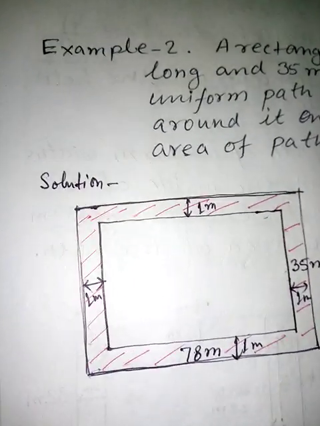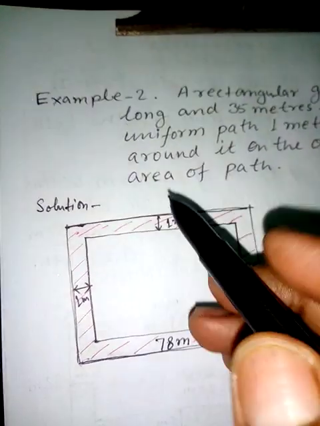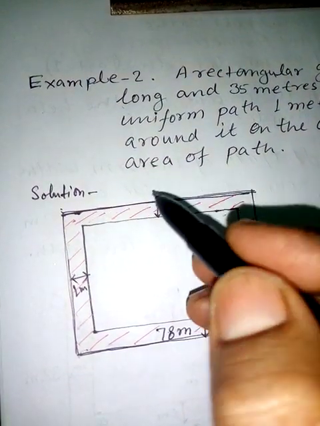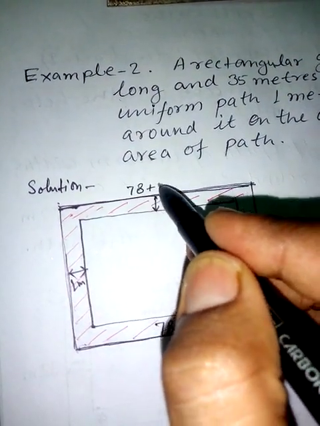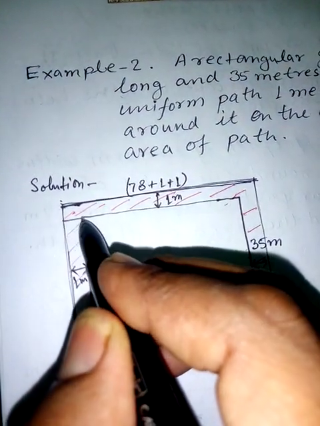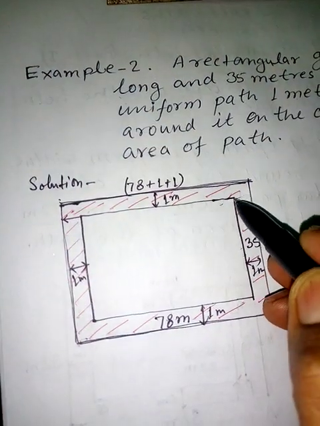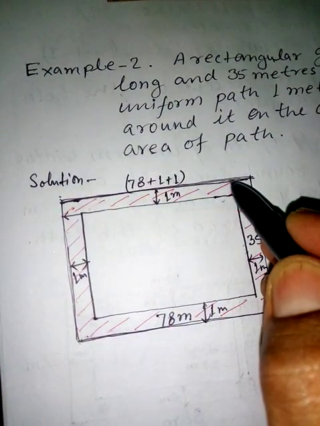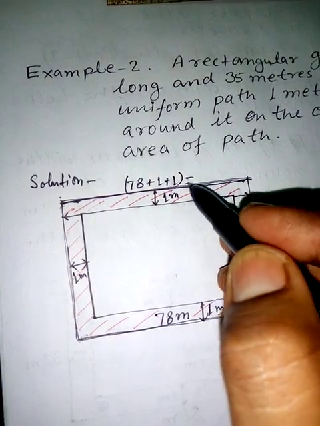So the length of this part is 78 plus 1 plus 1. Why? Because 1 meter from here extra and 1 meter from here extra, so it is extended 1 meter from both the sides, so it will be 80 meter.